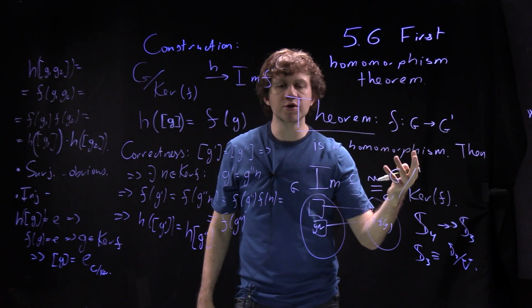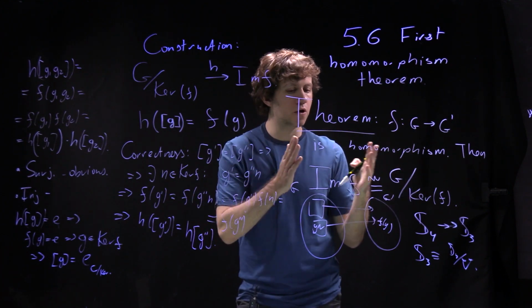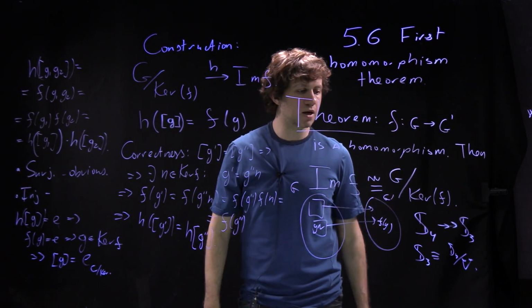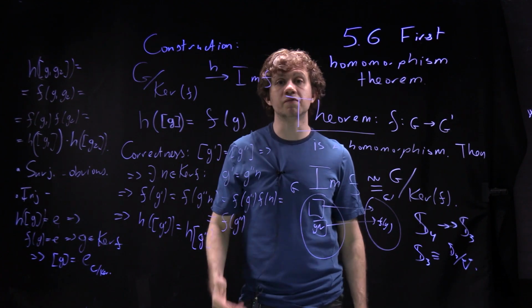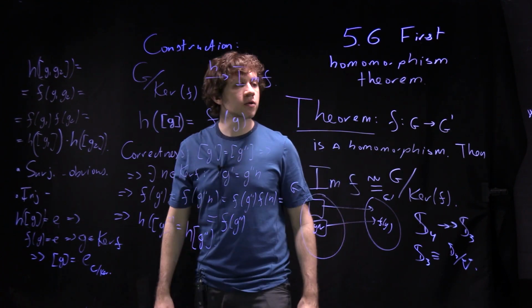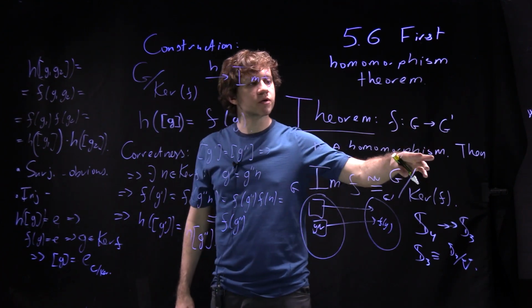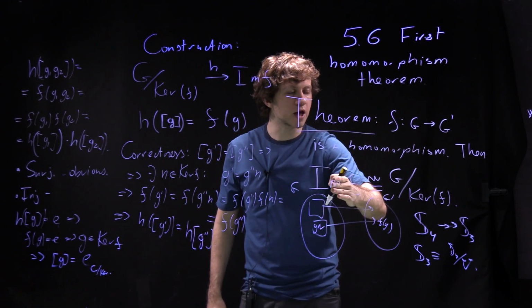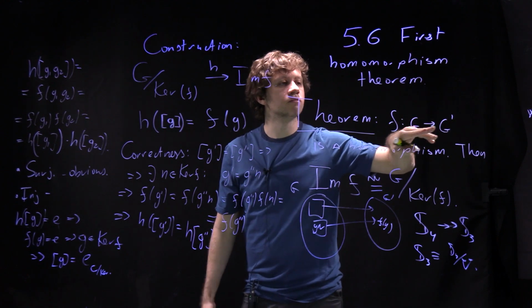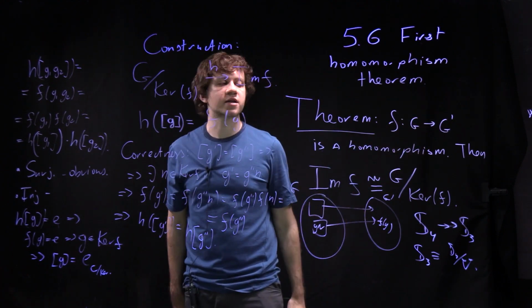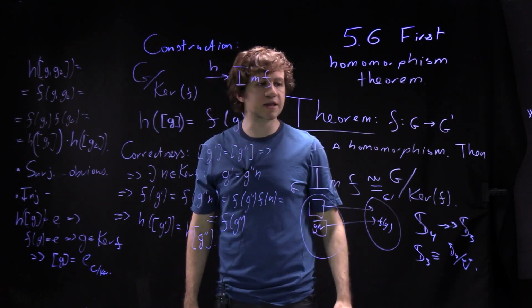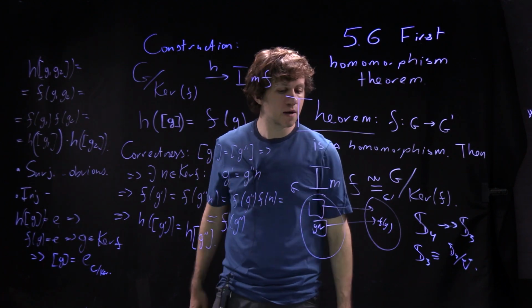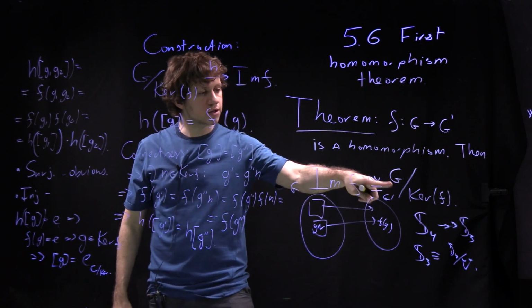To know the image, you just need to know the kernel, and then you just do the factor group. Of course, you cannot know G prime in general, because it might happen that you first do this map to G over kernel, to the image, and then you make some injective map somewhere else, and you will never detect it by just looking at G. But detecting the image you can, and this is just this factor group.